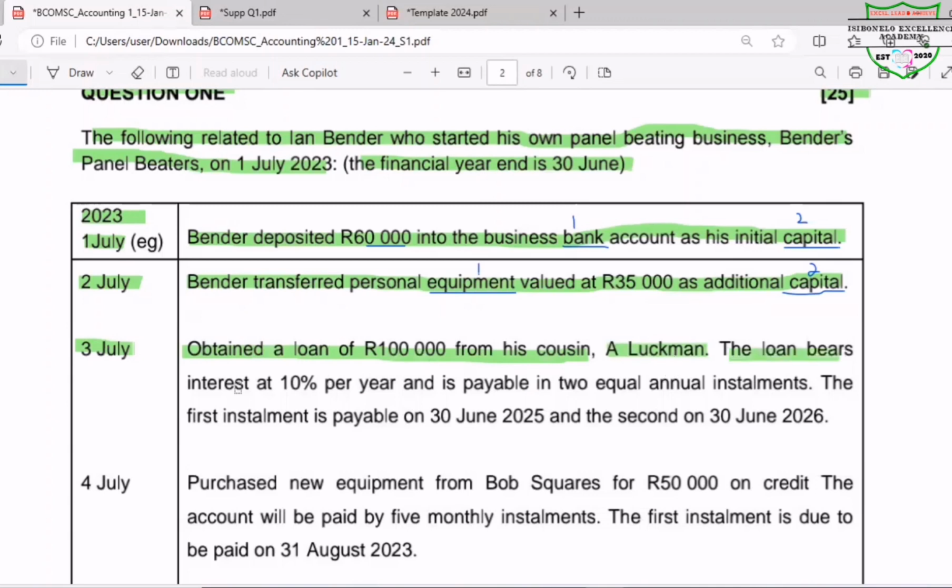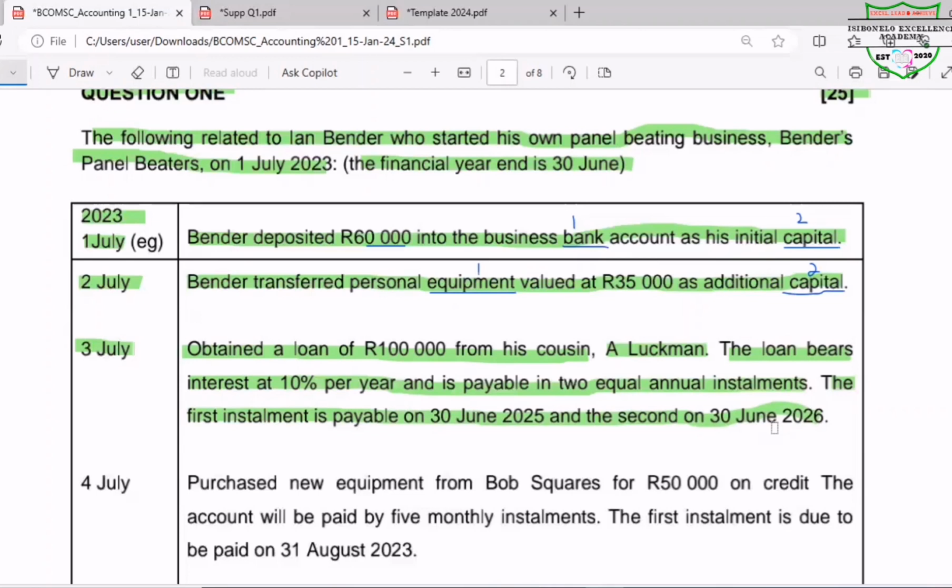The loan bears interest at 10% per year and is payable in 2 equal annual installments. The first installment is payable on June 30, 2025, and the second on the 30th of June 2026. Okay, so we have this transaction.